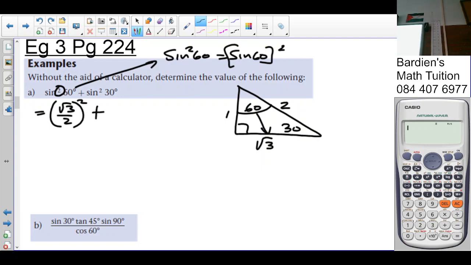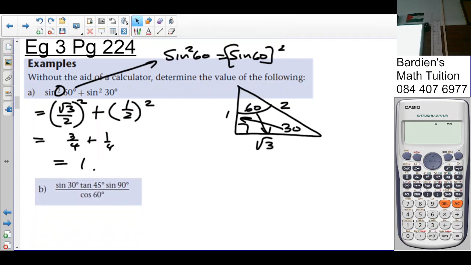Plus sine of 30, opposite over hypotenuse, which is being squared. So it's going to be 3 over 4 plus 1 over 4, which is 4 over 4, which is 1. Any confusion there? No?